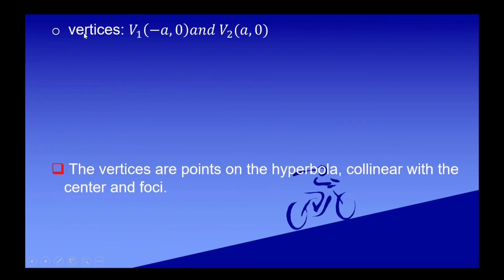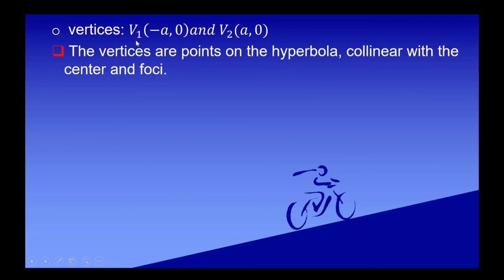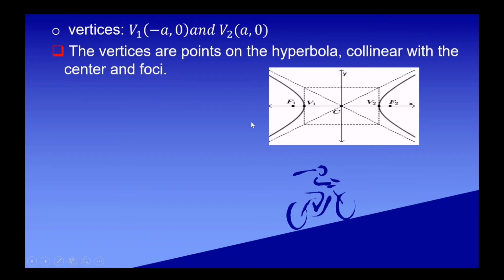So another one is the vertices. It is represented by B1 and B2. The vertices are the points on the hyperbola collinear with the center and the foci. So to illustrate, yan ang ating graph, which shows the vertices collinear with the center and the foci, yung F1 and F2 natin.